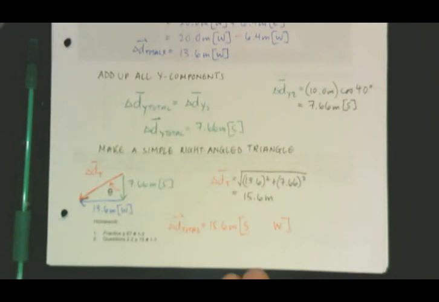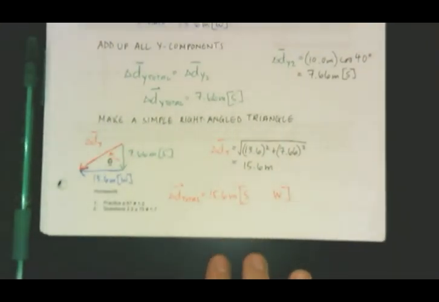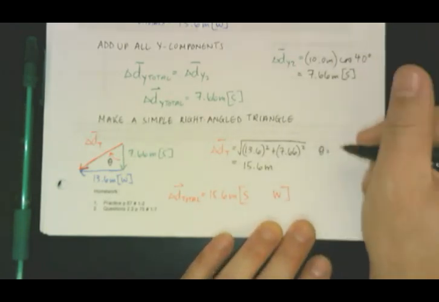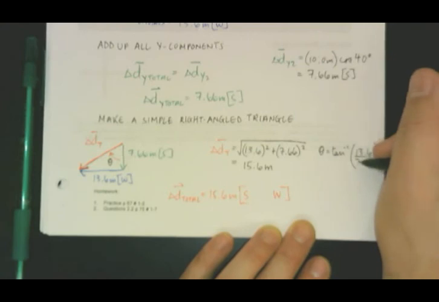Just as I did in the previous example, I'll use the opposite and the adjacent sides to determine this angle. Opposite and adjacent are from the trig ratio tan. So theta is equal to the inverse tan of 13.6 divided by 7.66.